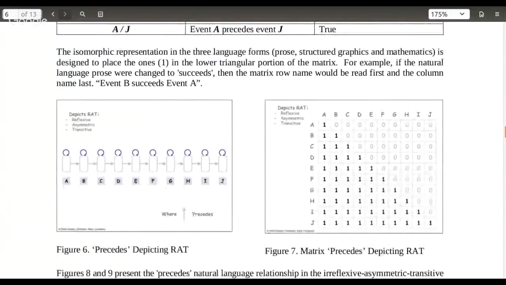But you can see here, again, that this is a global relationship because of all the ones in the lower triangular portion. So it's a global relationship because the lower triangular part of the matrix is filled with ones.